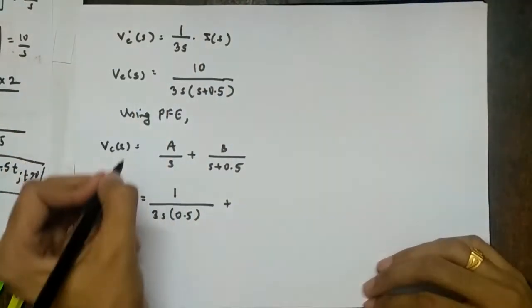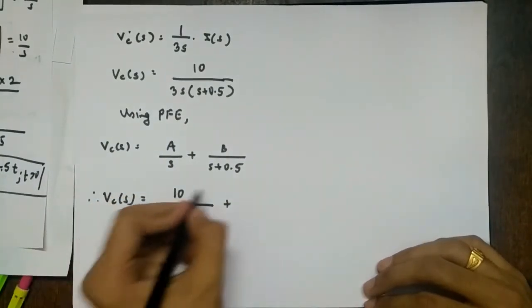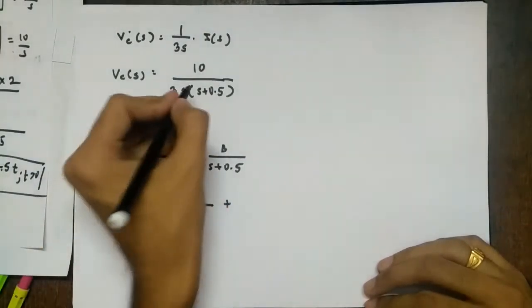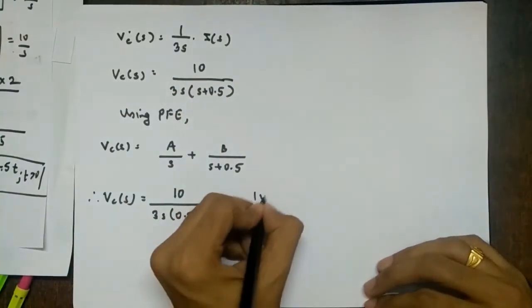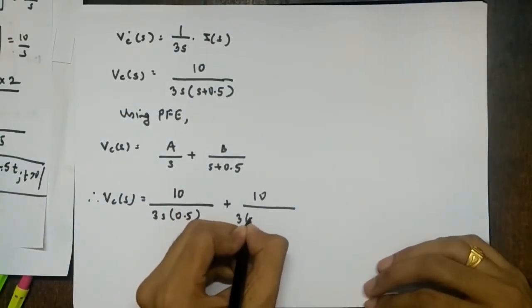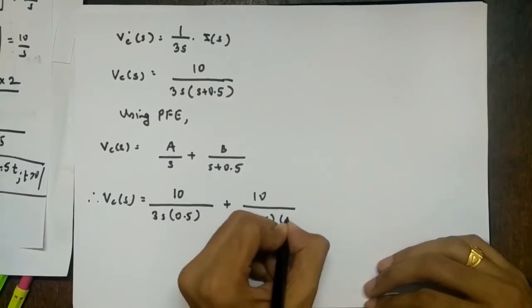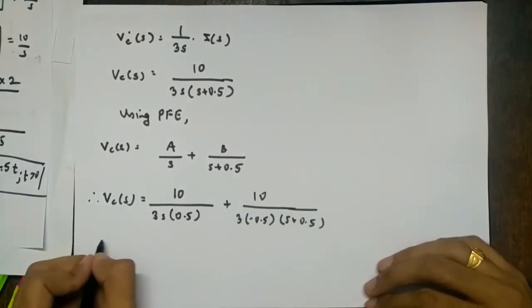This is 10, sorry. So this will be 10. Then s is minus 0.5. Substitute everywhere except this term. So 10 upon 3 into minus 0.5, and this is as it is. Right?